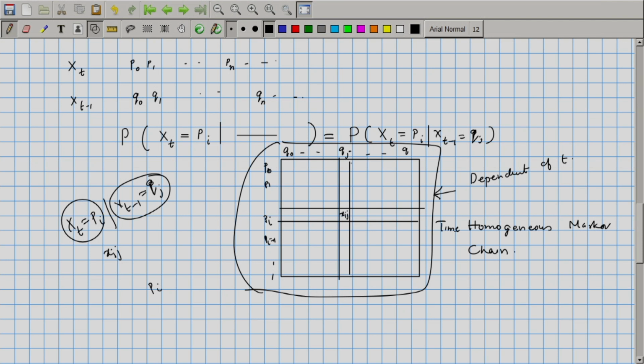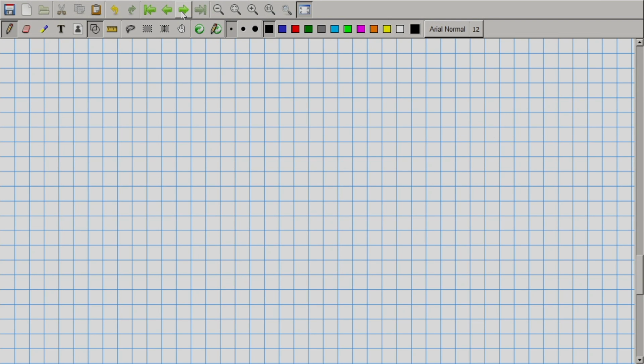So, time homogeneous Markov chains can essentially be represented by a matrix, which we will call the transition probability matrix.